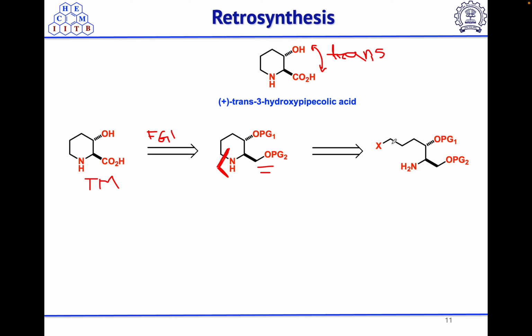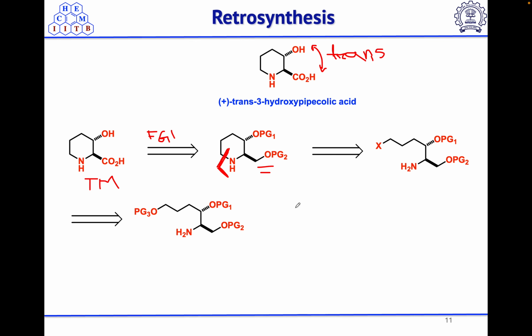If we do cyclization of this cyclization precursor, you will get this six member piperidine ring, right? Now the cyclization precursor we can get from this protected alcohol. This Pg1, Pg2, Pg3 are basically protecting group 1, protecting group 2, protecting group 3, so three different protecting groups.